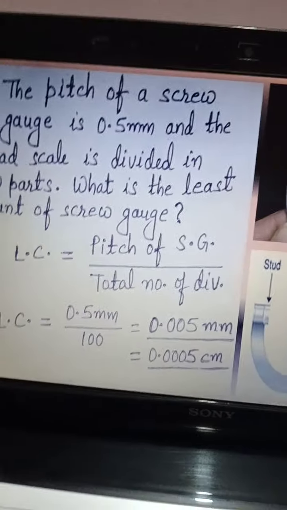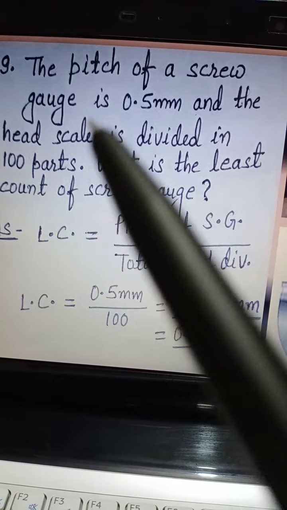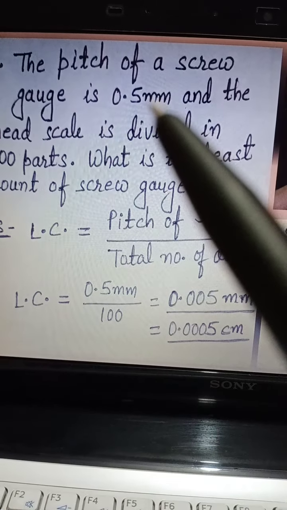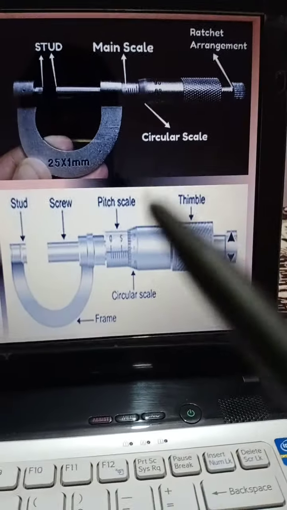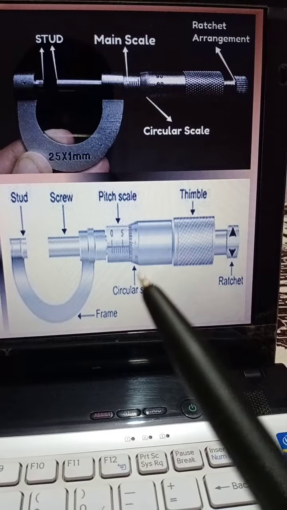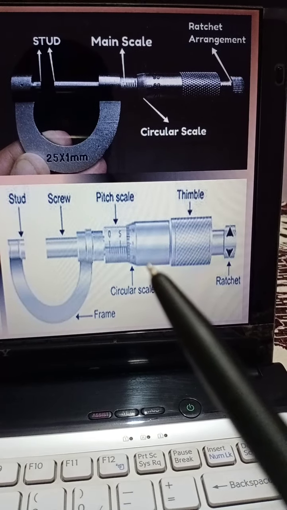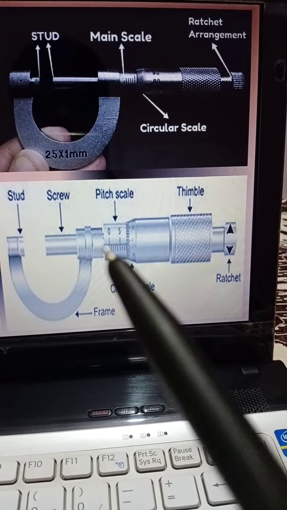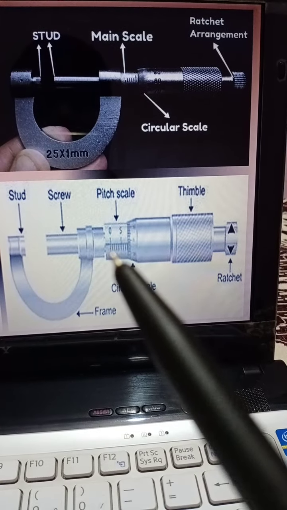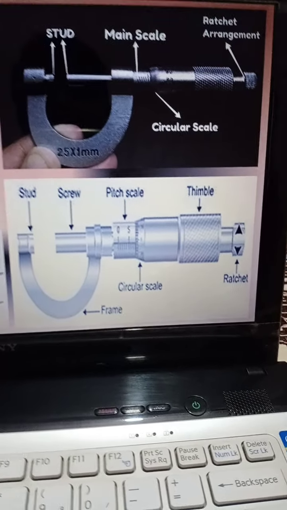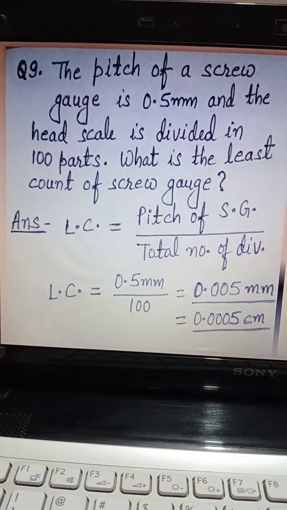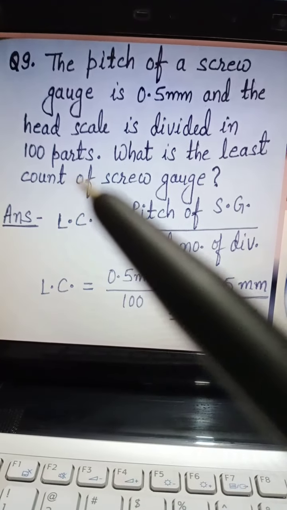According to this question, the pitch is 0.5 mm, which means that when the circular scale is rotated one time, it has shifted 0.5 mm on the main scale, and the total number of divisions is given as 100 parts.